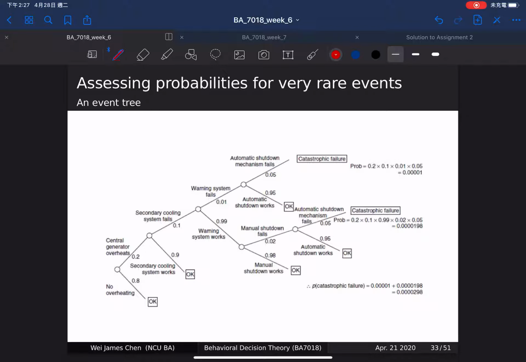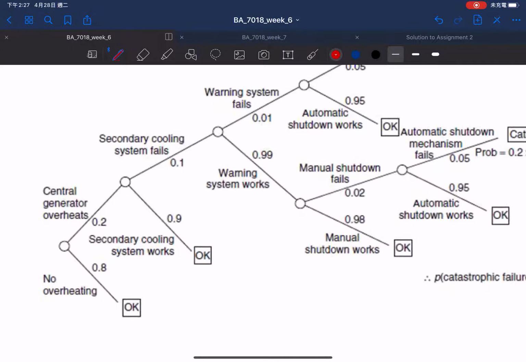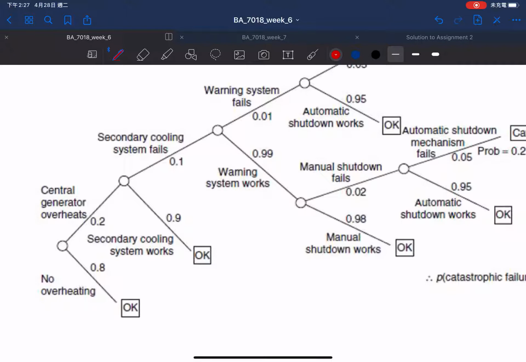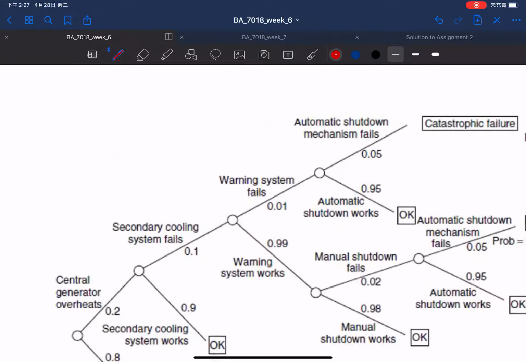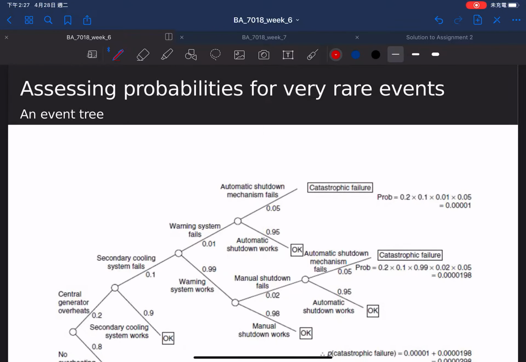Okay, so for those events, how do you assess the probability of those? A way to do this is we use a good friend of ours, the probability tree, or here it's called an event tree, but it's exactly the same thing. You basically break down the actual event you want to assess into small pieces. For example, you know that a financial crisis doesn't happen like this.